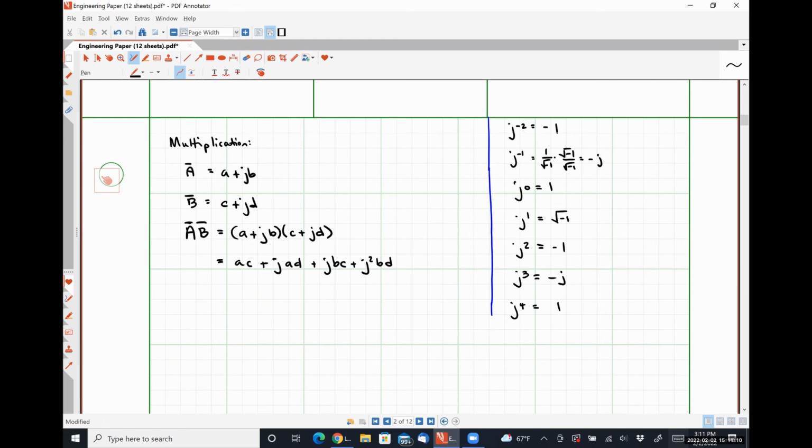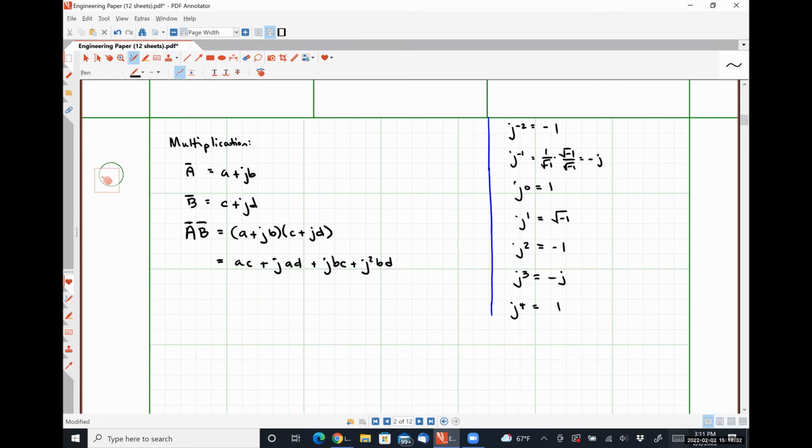So it repeats. It literally just cycles through these over and over and over again. So there's only 4 possible things that J to any power can be: J itself, -1, -J, or +1. It's always going to have one of those 4 values.